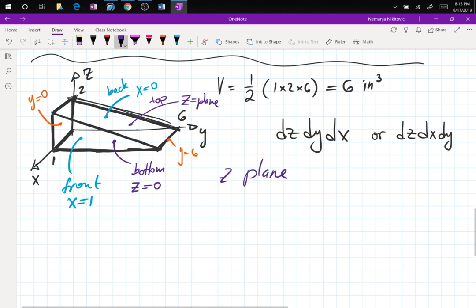Top plane. How about that? So how would I find the equation of this plane? Can you look at it from the zy trace? Excellent. We are going to go into a zy trace because in a zy trace it looks like that.